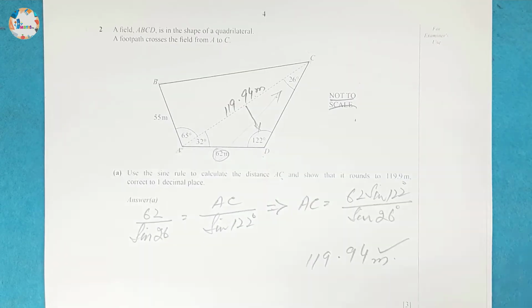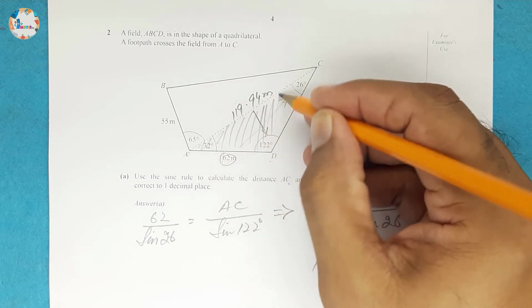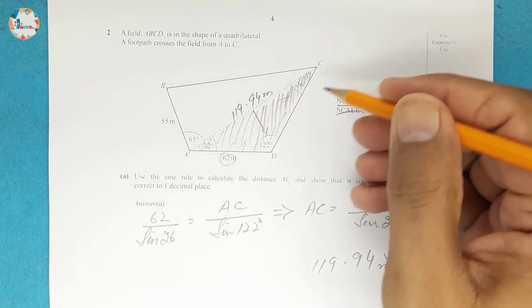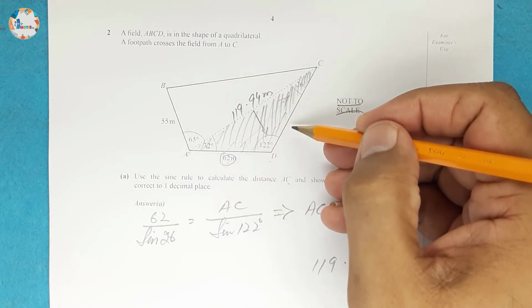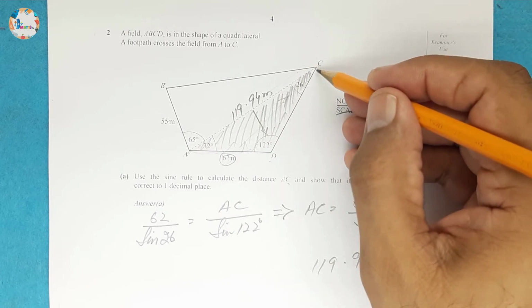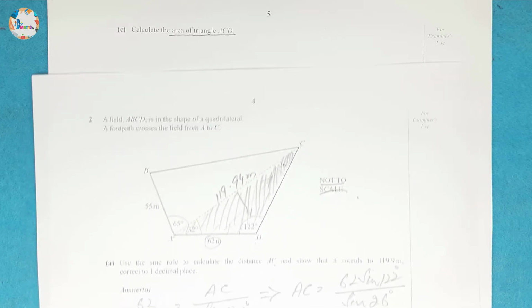Now C part, calculate the area of the triangle ACD. Now ACD is basically this triangle for which we have to find the area. So we have this side, we have this side. So we have to find this side, then only we can reach the area.